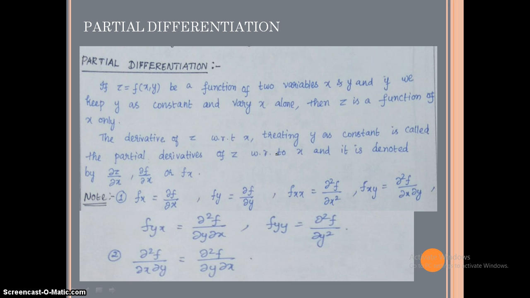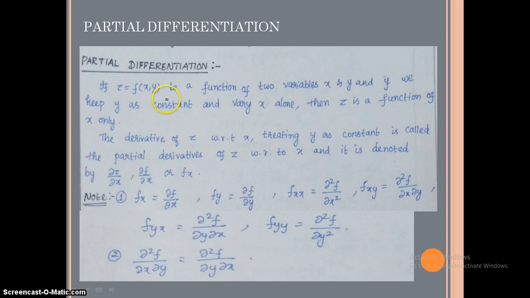The difference between the partial and the ordinary differential equation is this: in ordinary differential equations we have only one dependent variable and one independent variable. In partial differential equations, PDE, we have one dependent variable and more independent variables present in the given equation. So one dependent and one or more independent variables, that is the simple concept of partial differential equations.